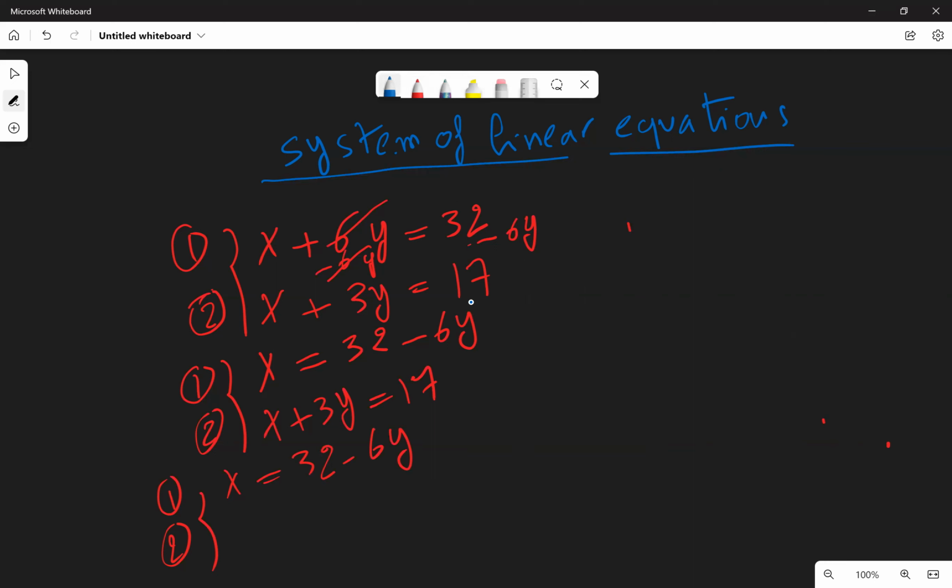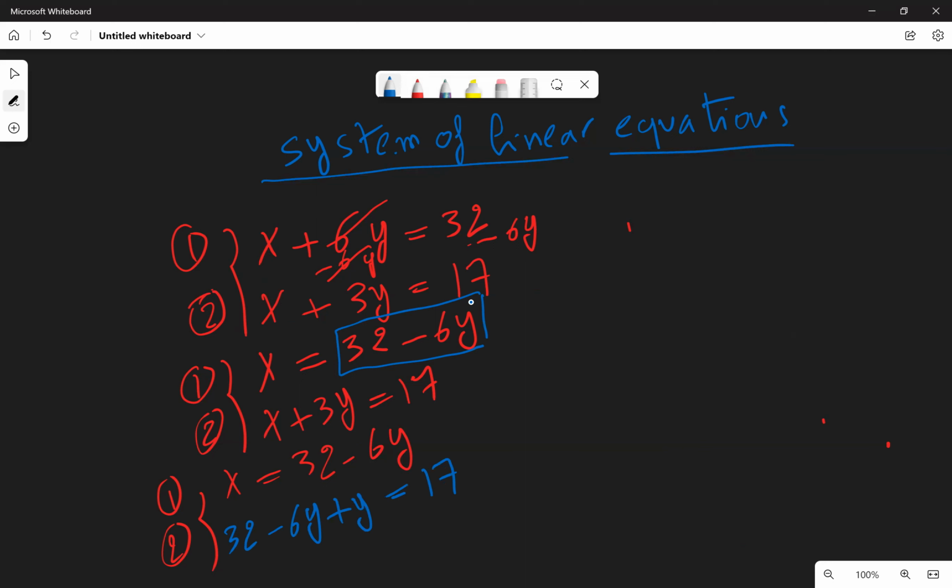Okay, so I get x is 32 minus 6y. So this is my x: 32 minus 6y plus 3y equals 17.